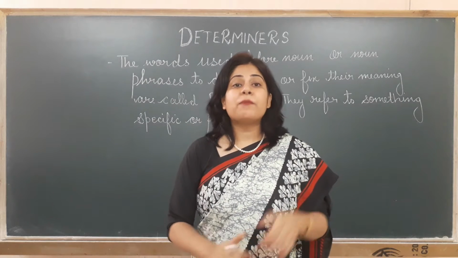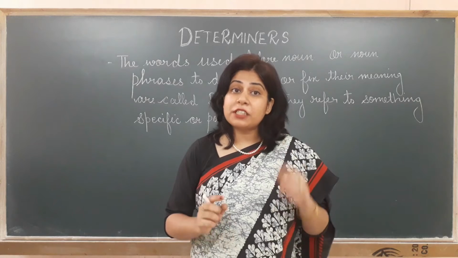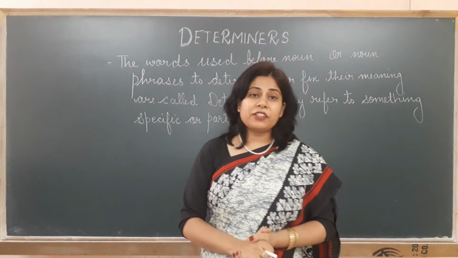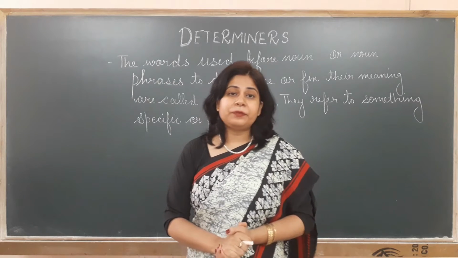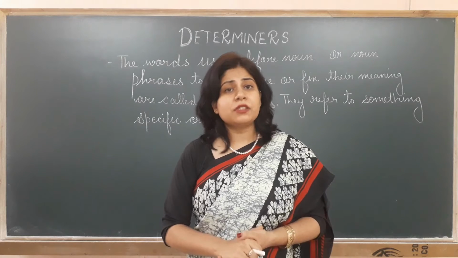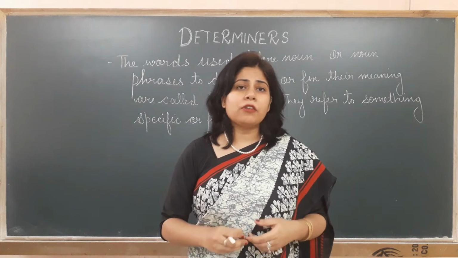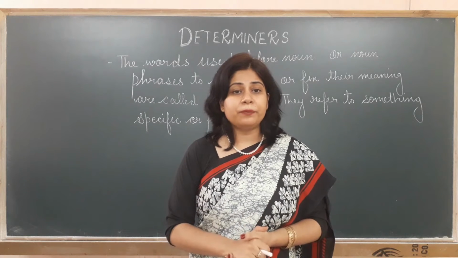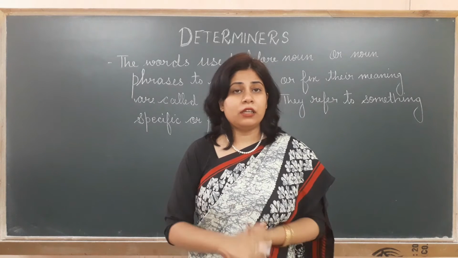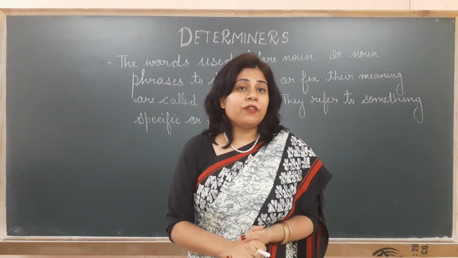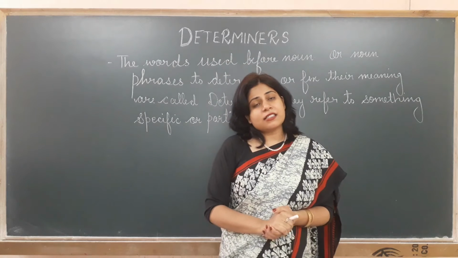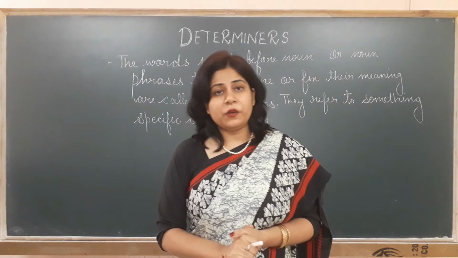Here I have particularized it, that I am talking particularly about that book which is lying on the table. But a and an are called indefinite articles because when we use a and an, we want to talk in general. For example, I want a book or I have a book. Now here we don't know which book we are talking about. Fine. I have already discussed articles in detail in my previous video.